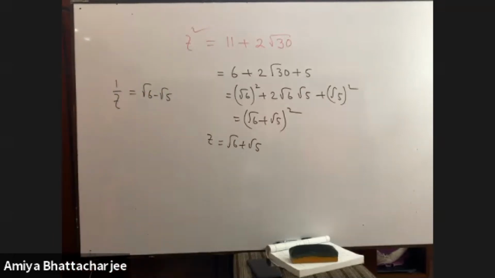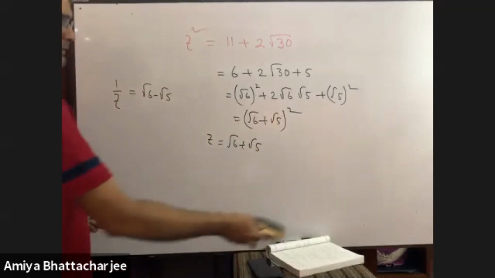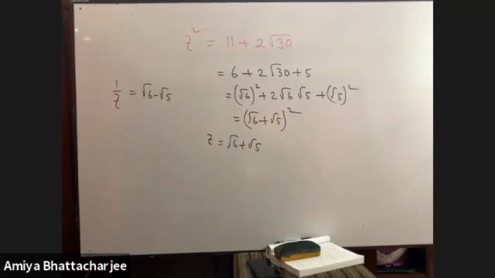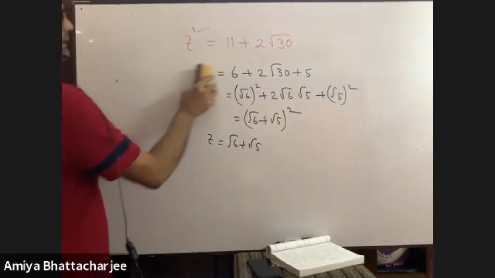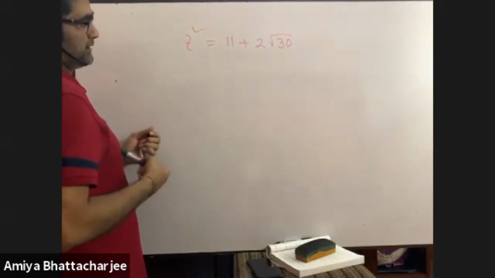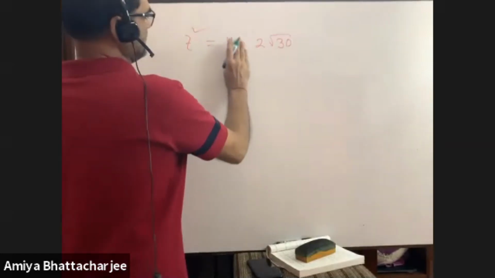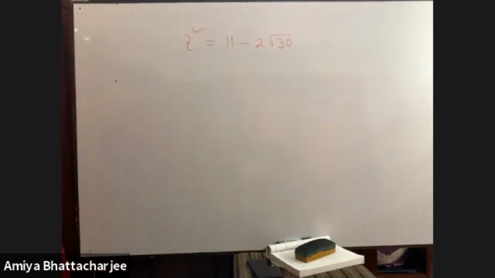If the math is given like this, you pay attention here. Suppose, very important part, it is minus. What is the value of z?